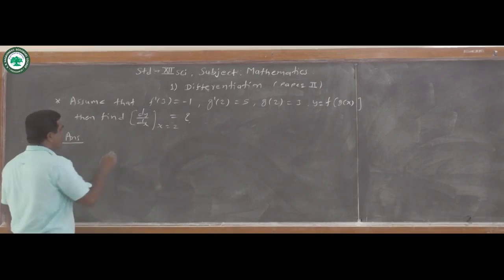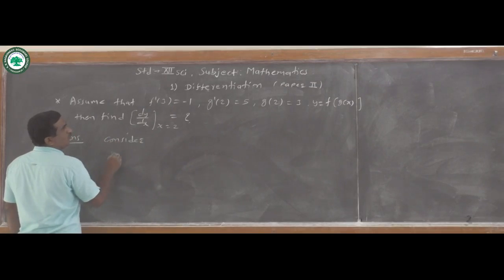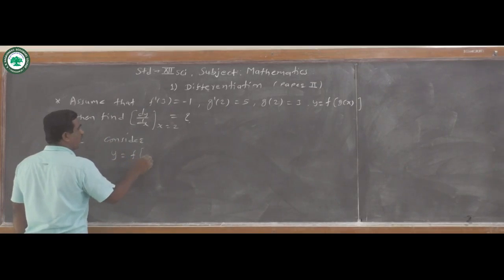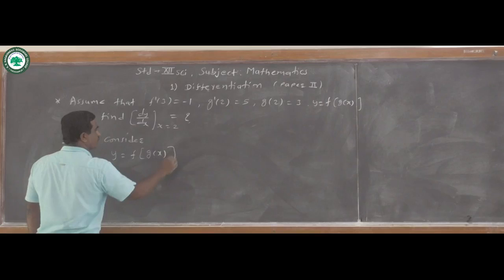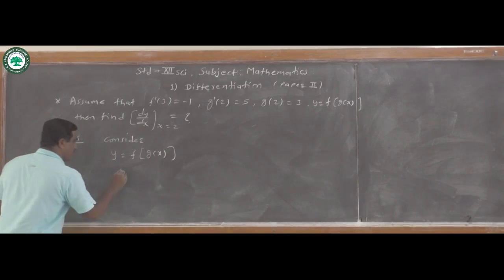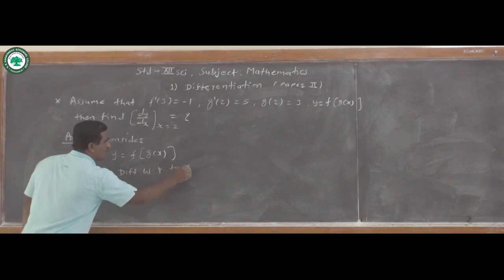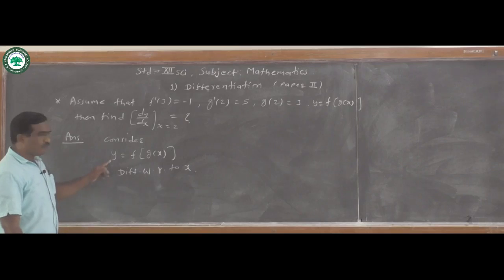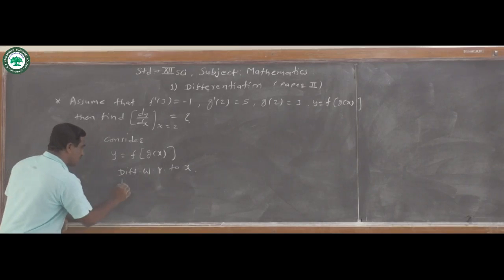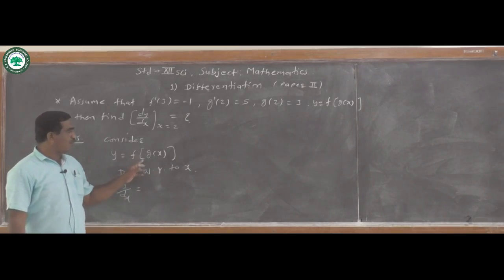Consider given equation y is equal to f of g of x. Now differentiate this equation with respect to x. Therefore, derivative of y is dy upon dx equal to derivative of f of g of x.